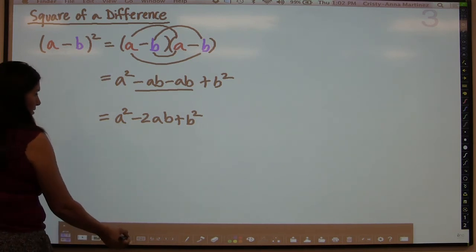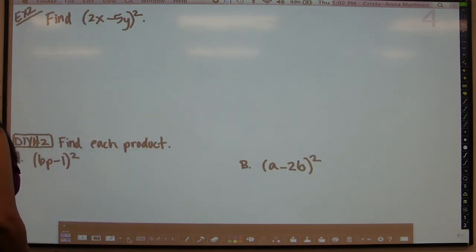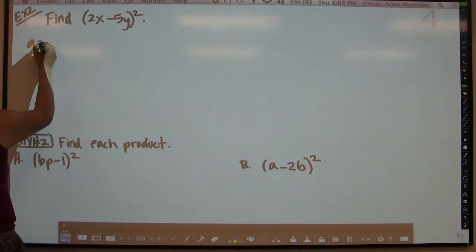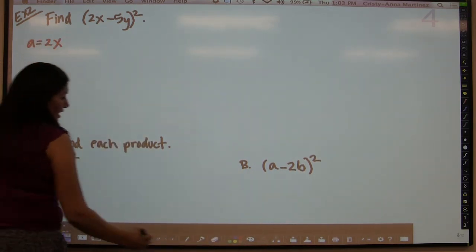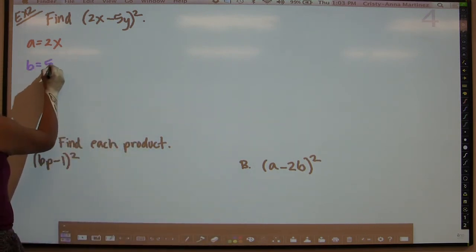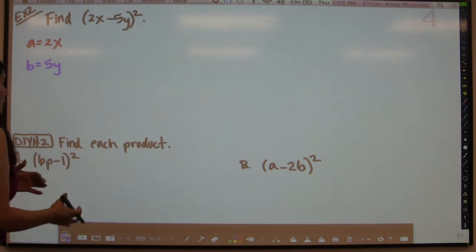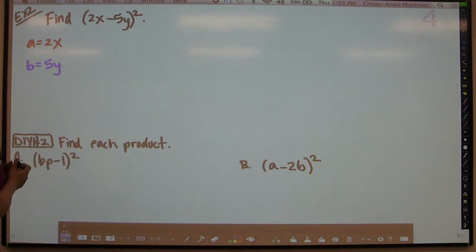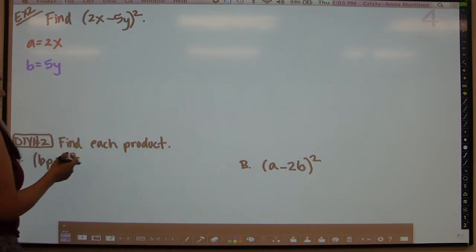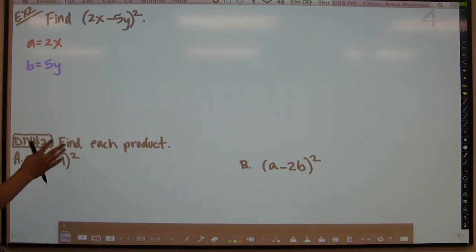So now we're going to apply this little guy. So again, it is very important that you identify A and B first. So A is 2x in this case, and B is going to be 5y. Notice that I'm not saying that B is negative 5y. You leave the negative alone and just do the A and the B, because again, the formula is going to take care of the negative all by itself.